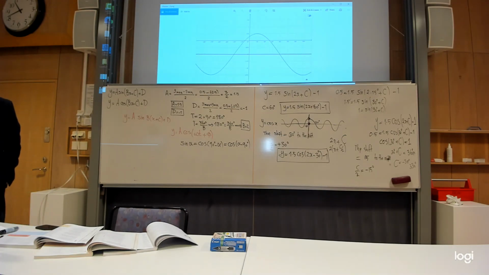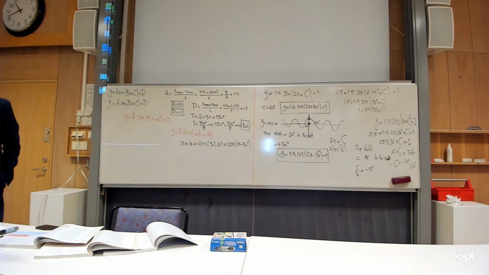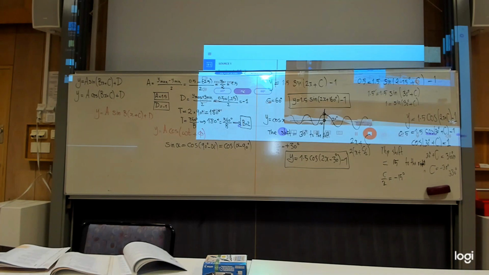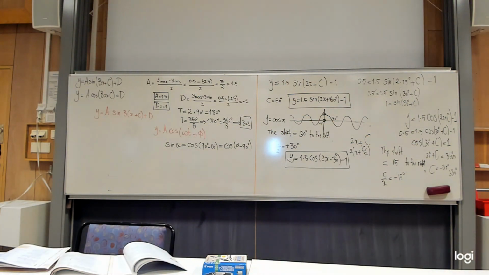So now let us go back to today's lesson. I don't know how much time we have. So let me change this angle now, and then let us get rid of this.